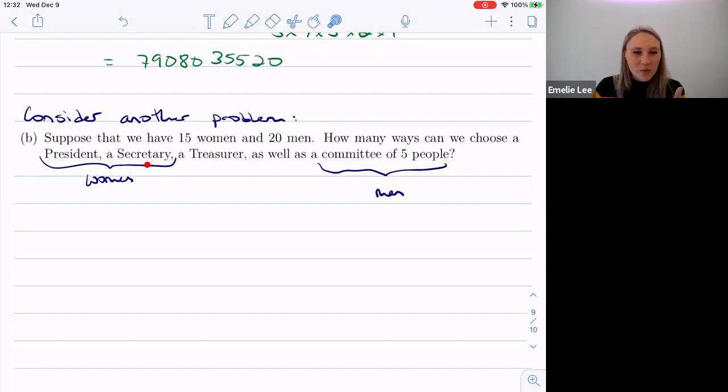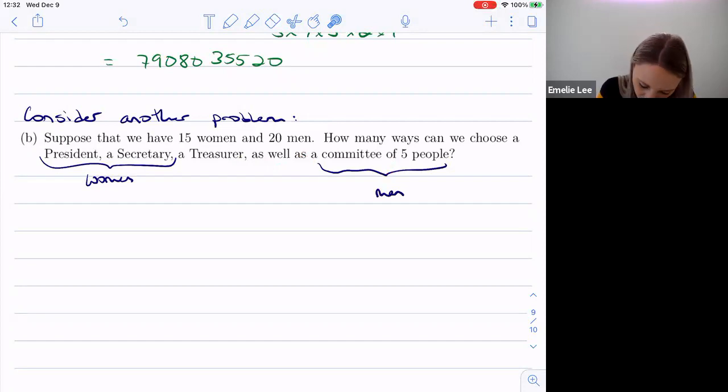If the president and the secretary have to be women, the treasurer can be a man or can be a woman. How do we deal with that if we're having 5? You can tell that this is not, the problem is I wouldn't specify the committee.